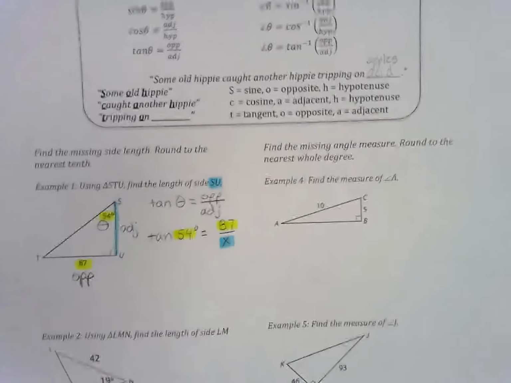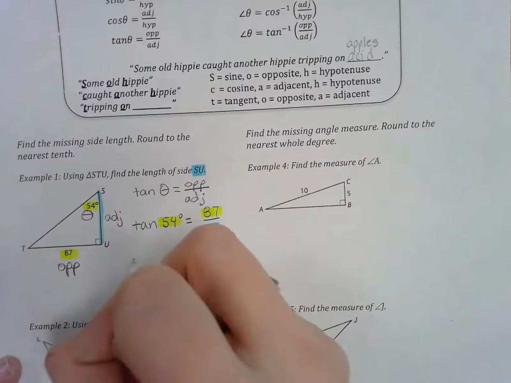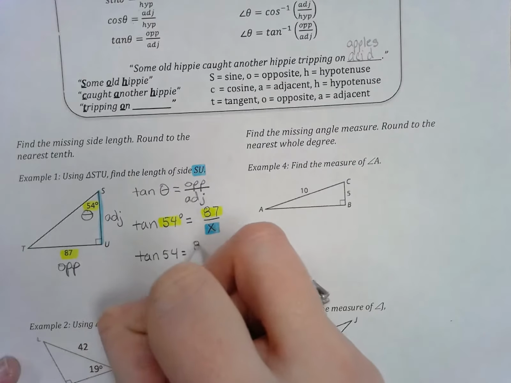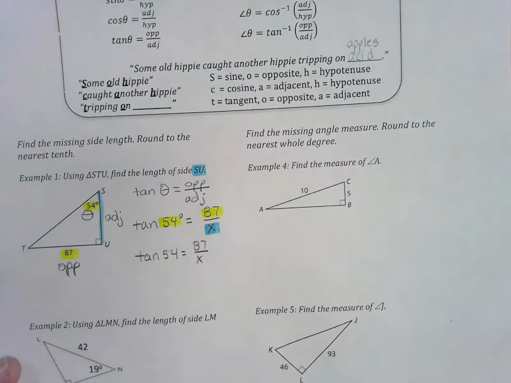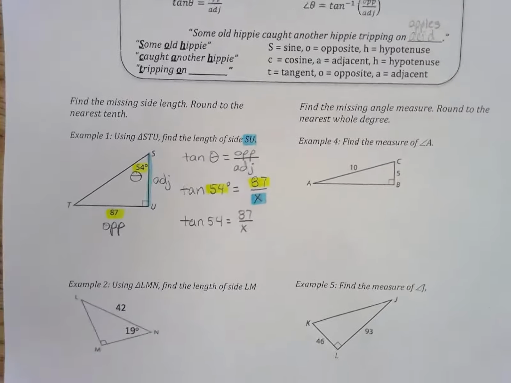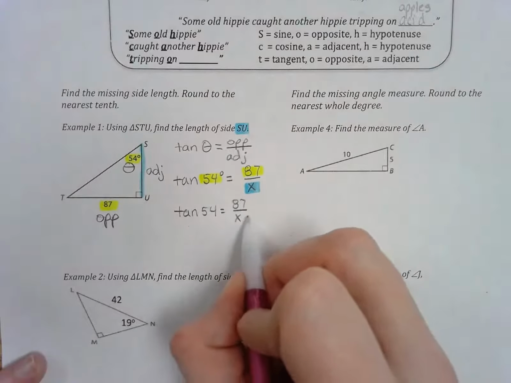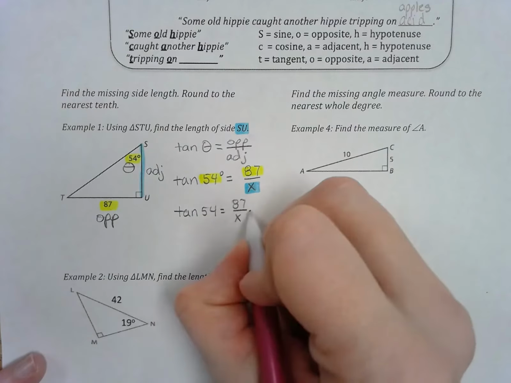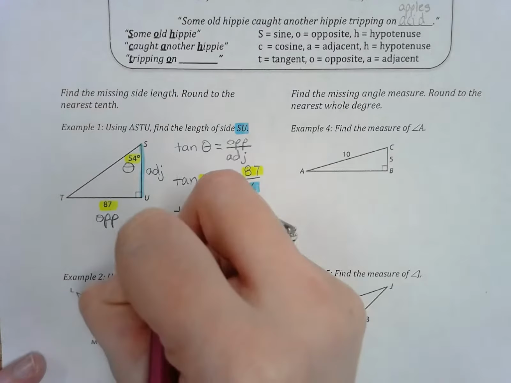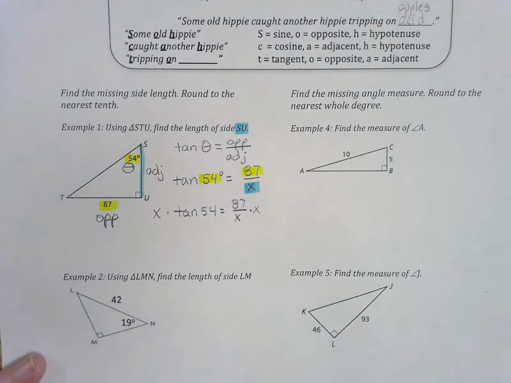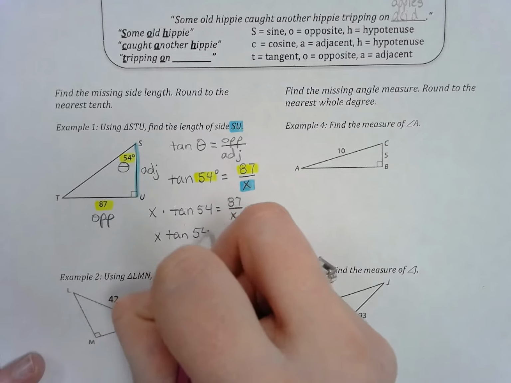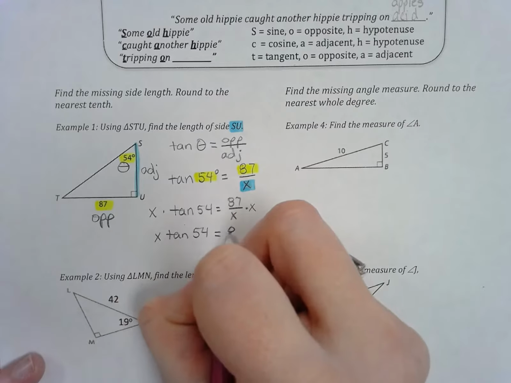So let's solve this. I'm just going to rewrite it since that one's all highlighted. So we have tangent of 54 equals 87 divided by x. We need to get x solved by itself. Notice it's over here currently dividing into 87. So let's multiply it on both sides to undo that division. We end up getting x tangent of 54 equals 87.